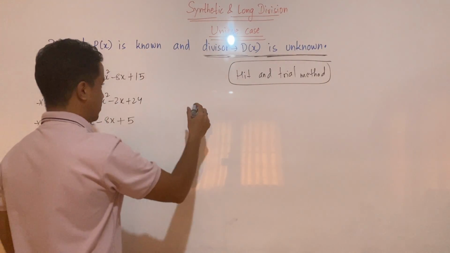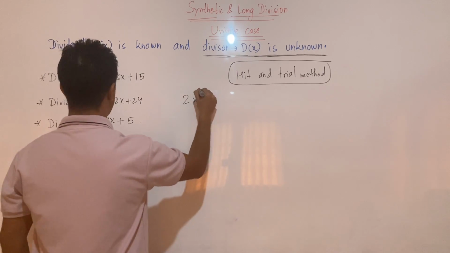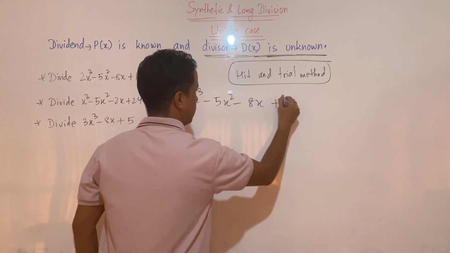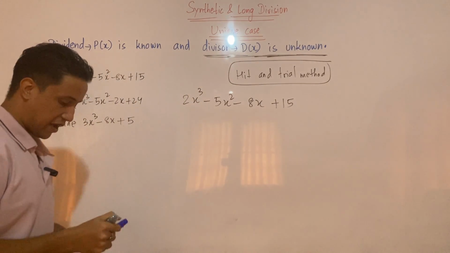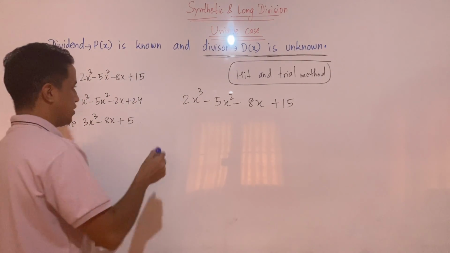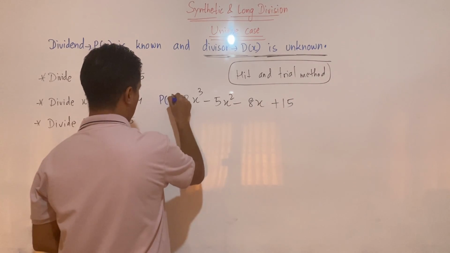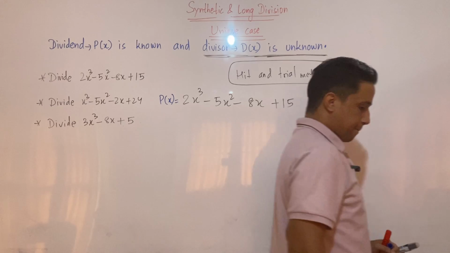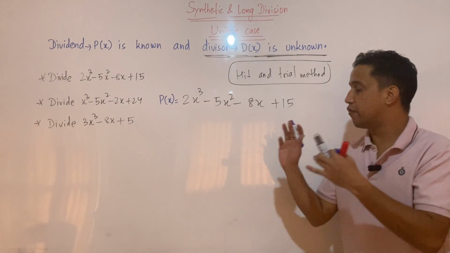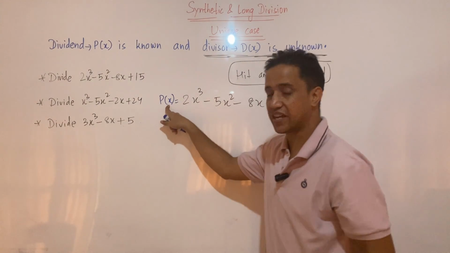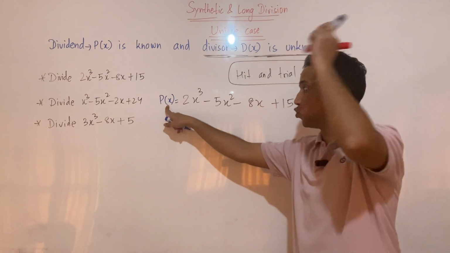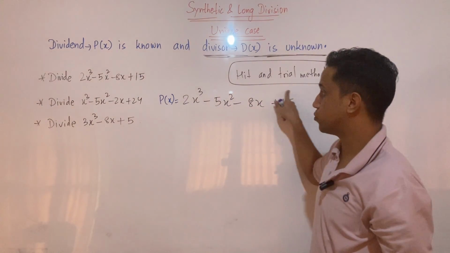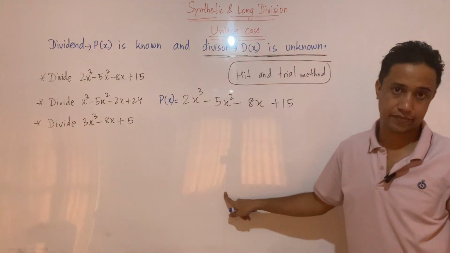See here, this is the given expression, 2x cubed minus 5x squared minus 8x plus 15. This is my p(x). Now I will assume some values of x and check what the value of this expression is when I put those values in.